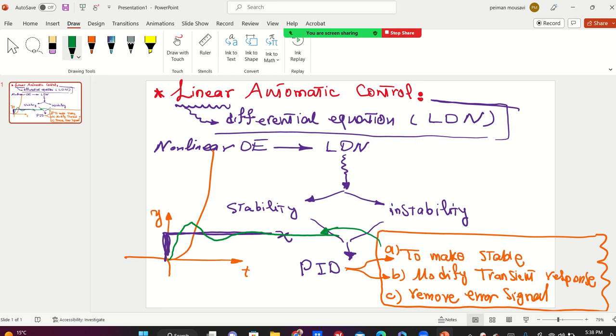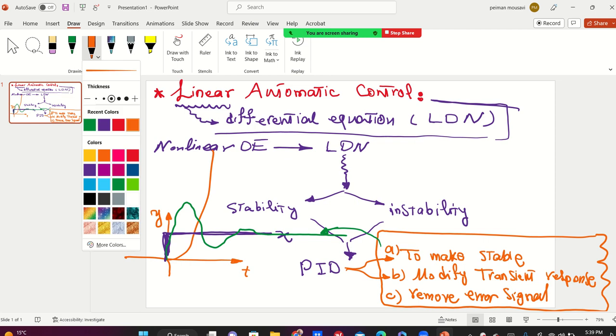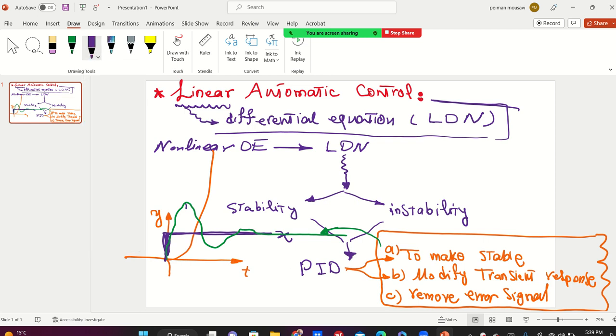Clear? So, modify the transient response. Sometimes the system by itself is like this. If this is your car, when you're passing a bump, you have a huge overshoot. You are jumping inside your car. We name this overshoot Mp, overshoot percentage, which I'm going to define in this course.